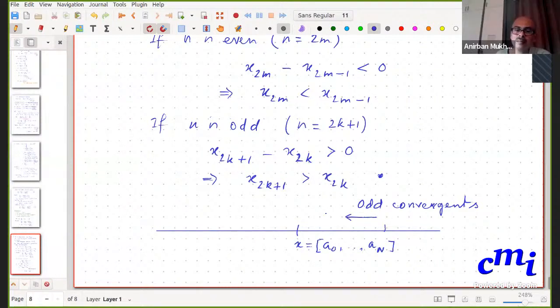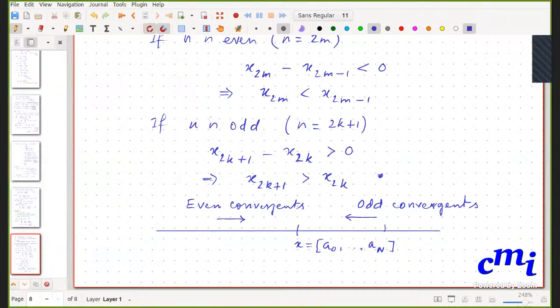They are all bigger than all the even convergents, and they are strictly decreasing, in fact. And even convergents are all smaller than them. So they are on this side, and they are increasing. We would have a more clear picture, in a quantitative sense, a little later. So let's go ahead.